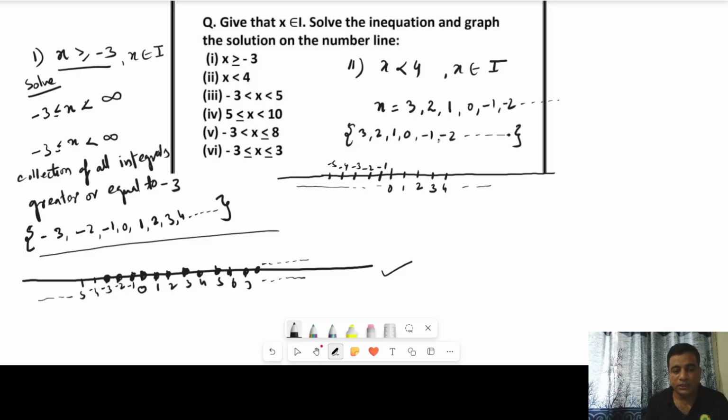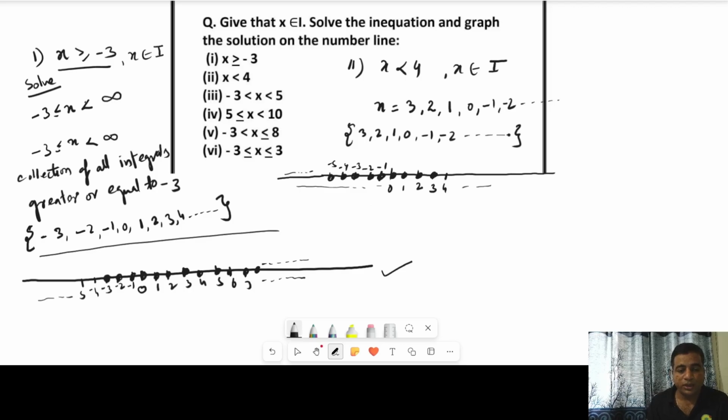So represent these integers on the number line. So it's your graph of the second inequality, x less than 4.